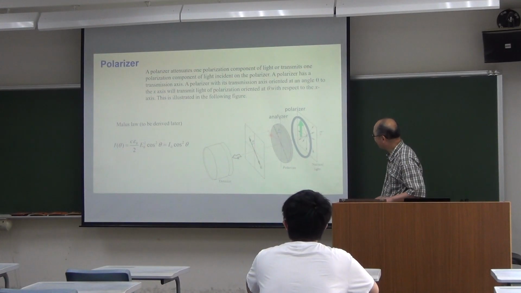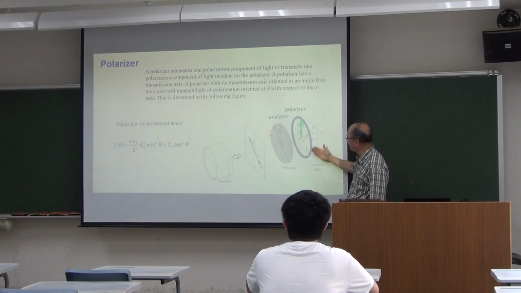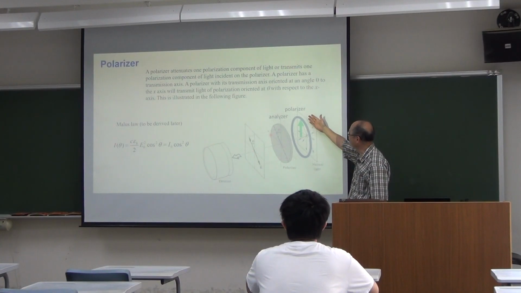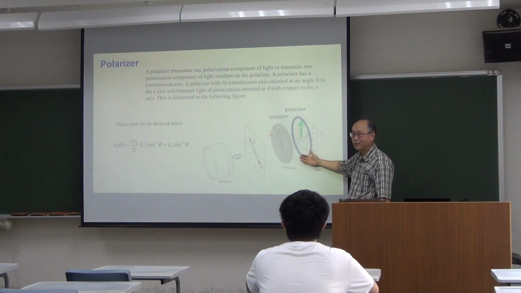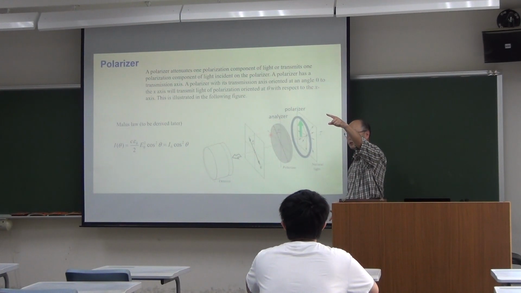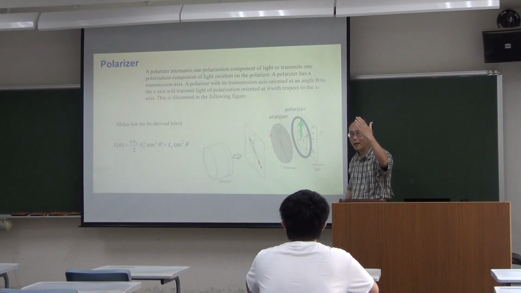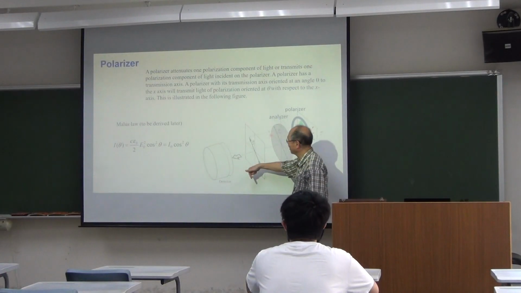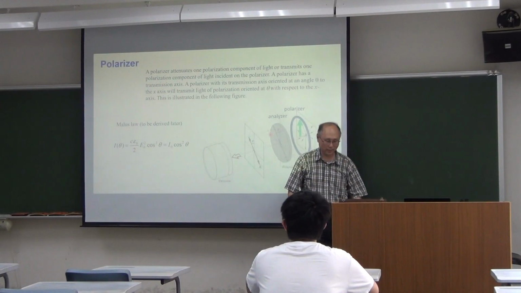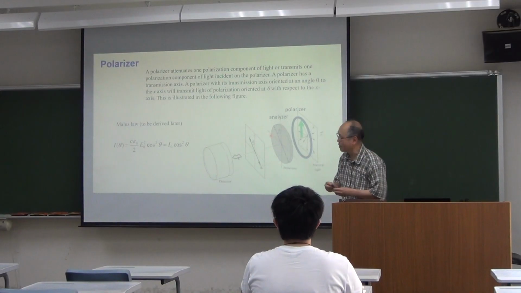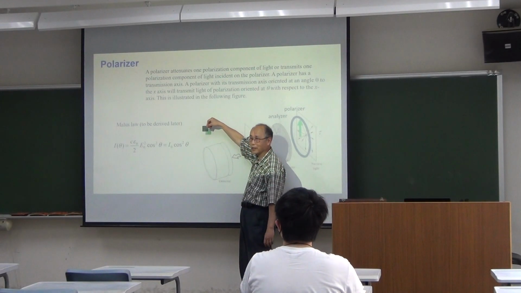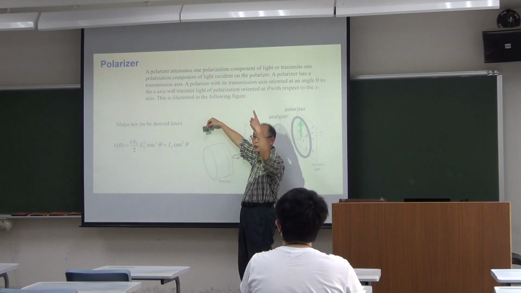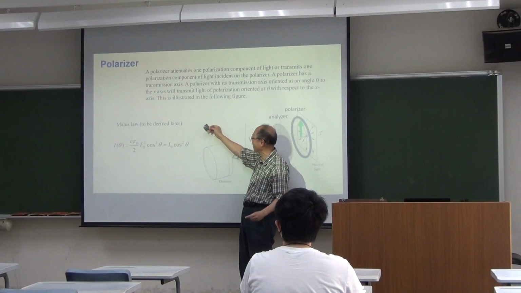And so think about you have a randomly polarized light in the back of this projector, and then if you put a polarizer in front of it, then the light coming out from this projector is going to be polarized. But then you can program, say, hey, green light, it has to have a polarization direction along this direction. So you can use a polarizer to select green light coming out from this projector.